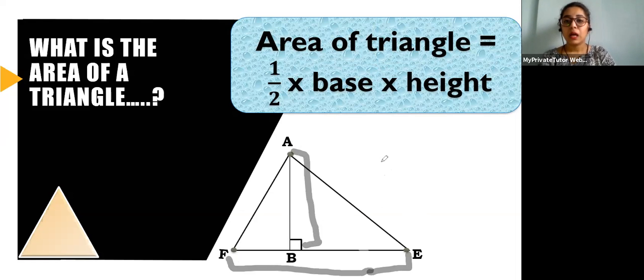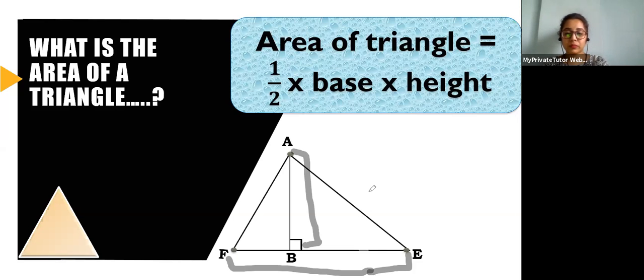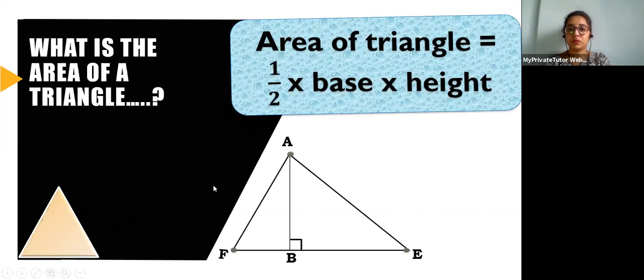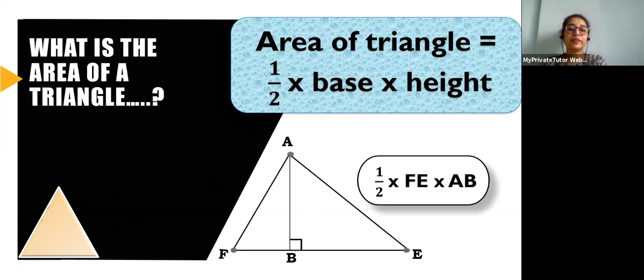So if you want to calculate the area of this triangle, it will be half into FE into AB. This is how you calculate the area of a triangle. So if you have to calculate the area of any triangle, the formula is half into base into height.